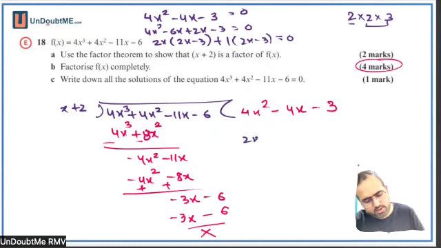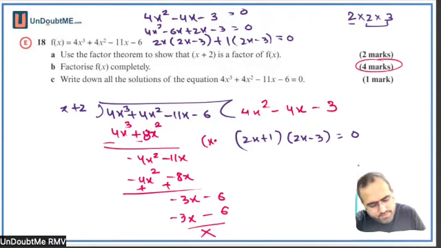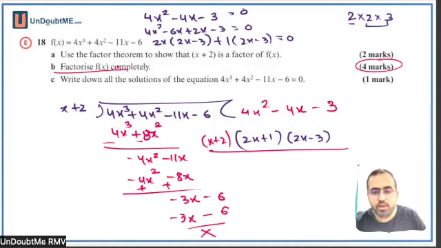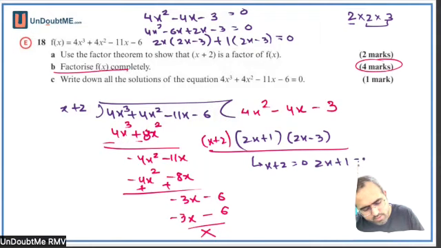So the factors are 2x plus 1 and 2x minus 3 is equal to 0. And one of the factors was already x plus 2. You should write that as well. This will be the answer for part B. And write down all the solutions. So for that, you will put all the factors equal to 0.